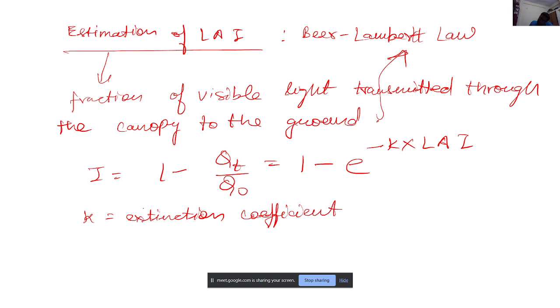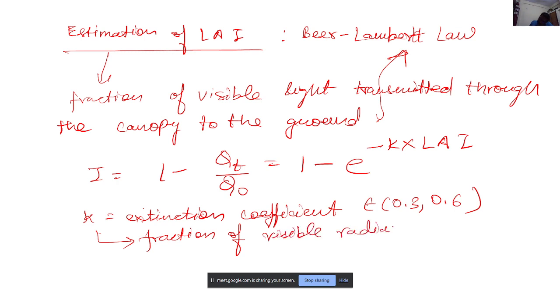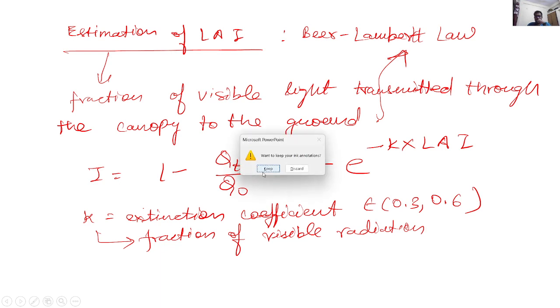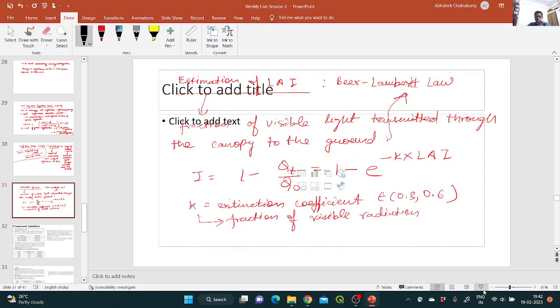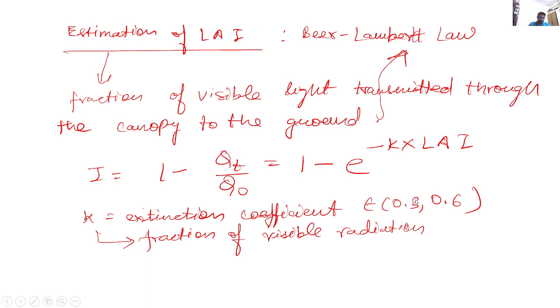Extinction coefficient usually ranges between 0.3 and 0.6, and it physically means the fraction of visible radiation intercepted by unit area of leaves.